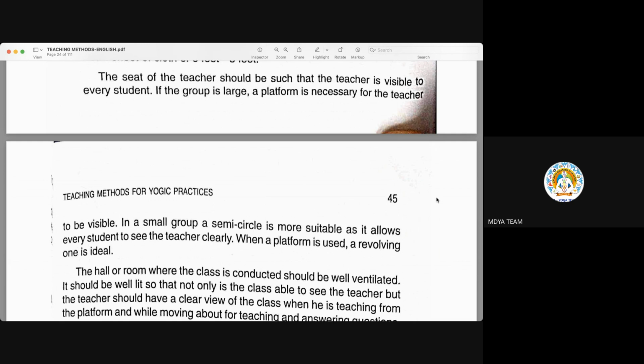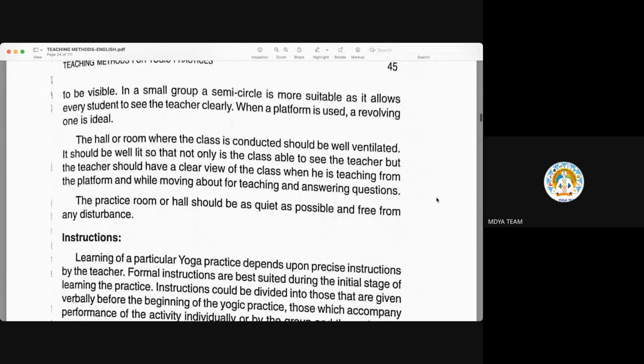So this is considered a good arrangement, but for a small group. When a platform is used, a revolving one is ideal, but it depends, because in a class there may or may not be a stage or platform.